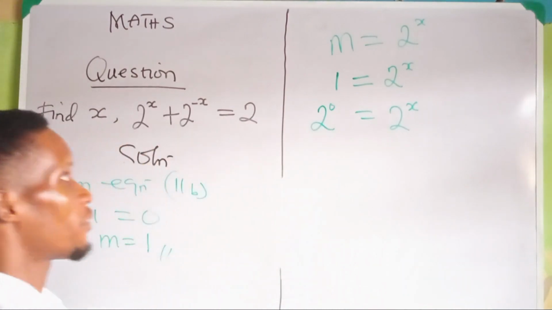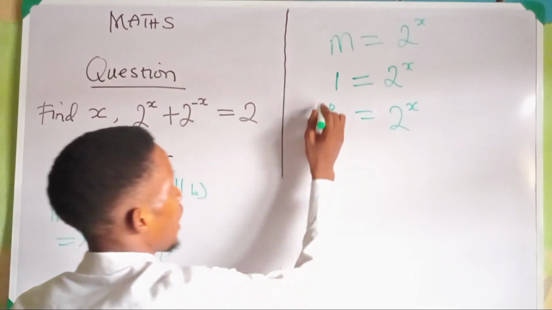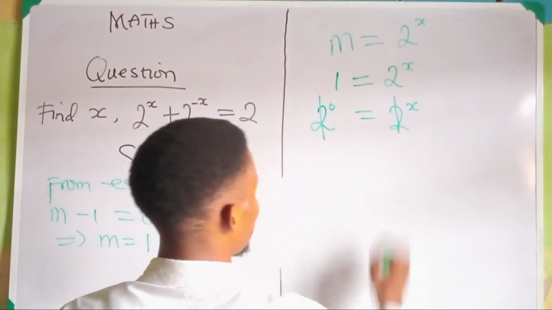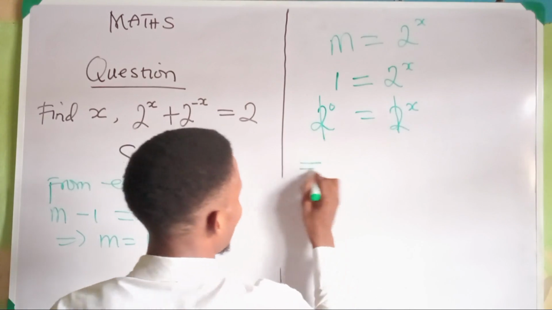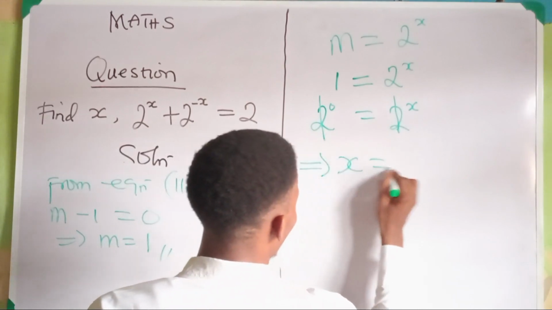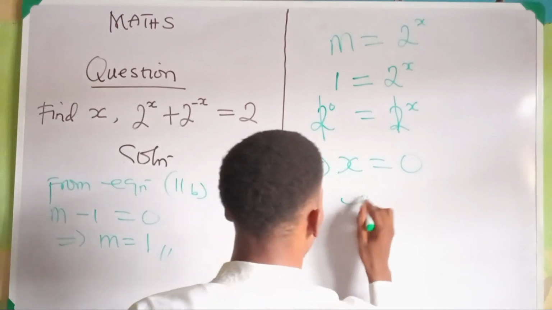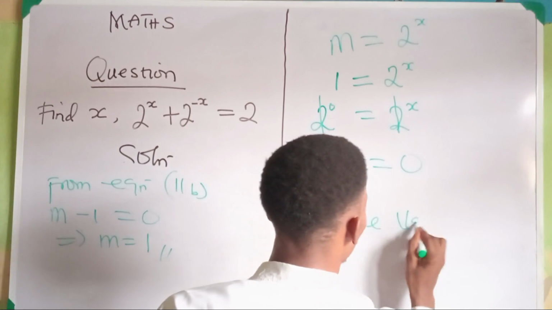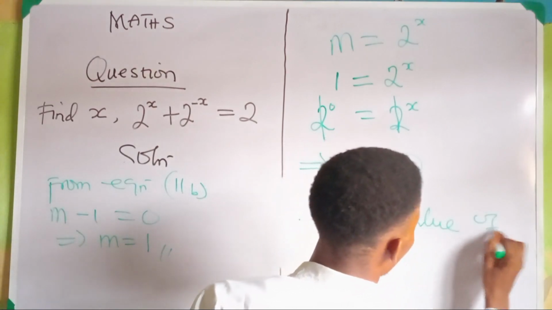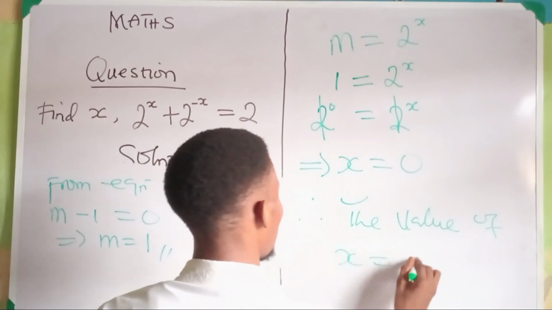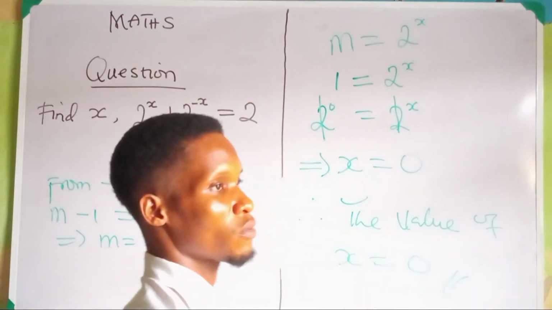So if it's that way now, that means this can go against this, remaining that this now implies that s is equal to what? 0. Therefore, the value of s is equal to 0. So that's how to solve it.